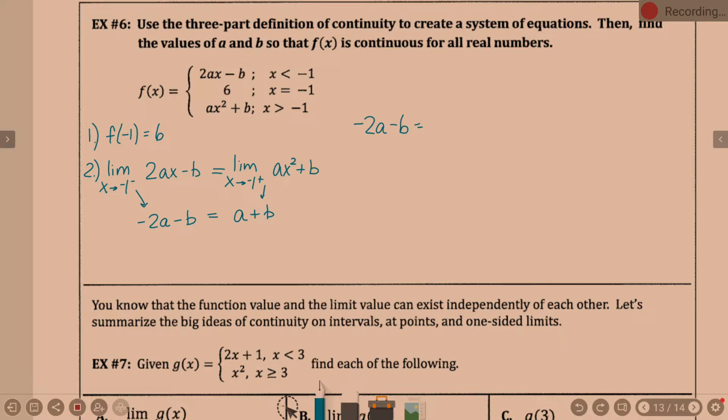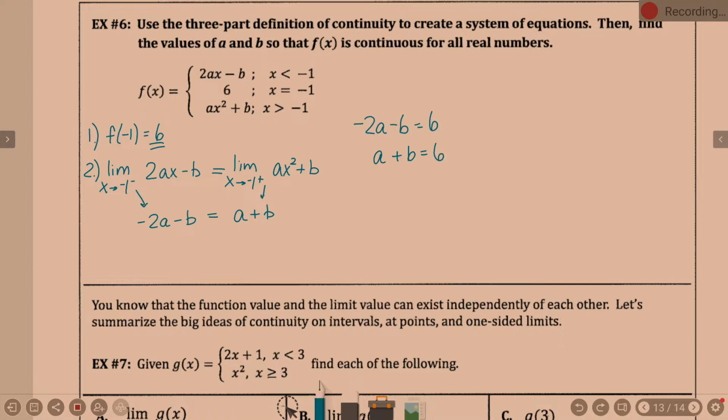But -2a minus b is going to equal 6, as is a plus b is going to equal 6. Why is it going to equal 6? Because the point is defined to be 6. And my limit from the left and my limit from the right have to equal that point at 6 if this is continuous.